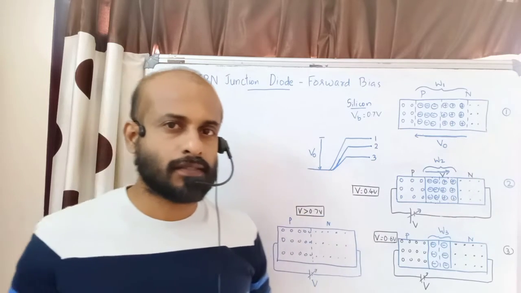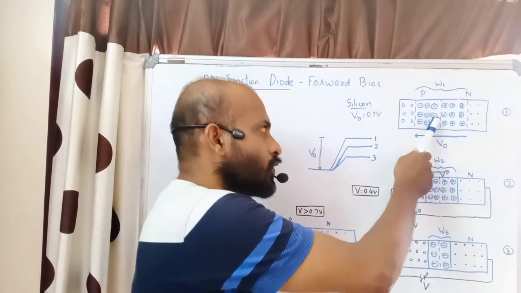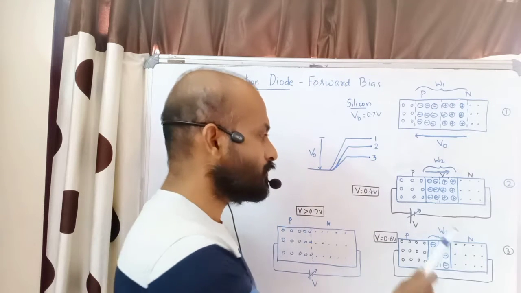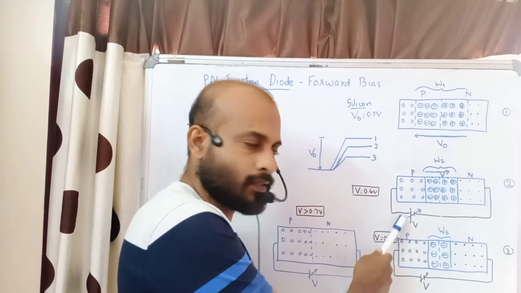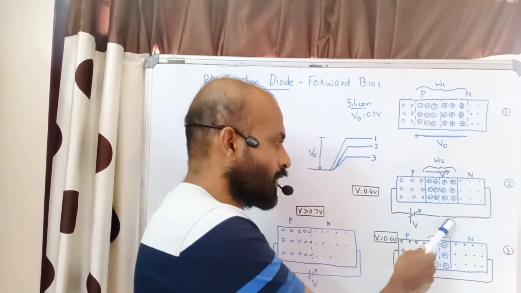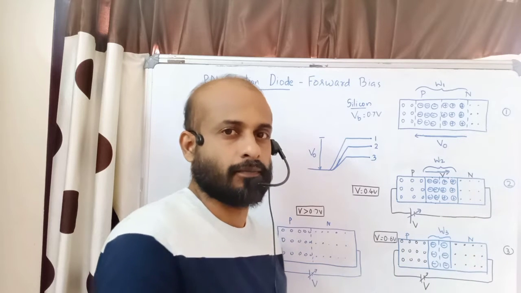Now see what happens when we connect P side to high potential and N side to low potential. If we connect a variable power supply like this, P side is connected to the positive of the battery and the negative is connected to the N side.